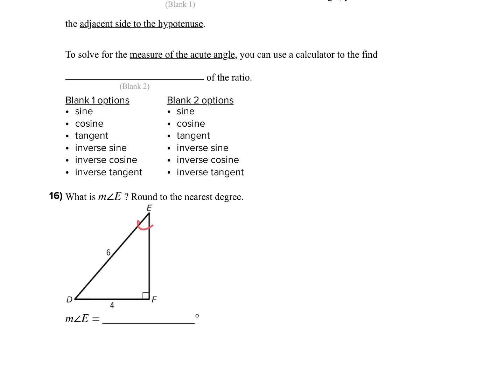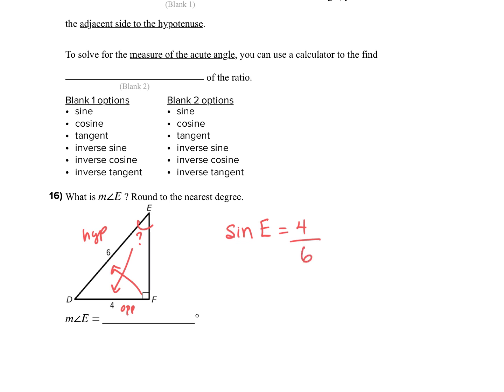So if I'm looking for angle E, I don't know what the measure of angle E is, but that is my reference angle. So 4 is opposite, 6 is opposite the right angle, so this is my hypotenuse. So I have opposite and hypotenuse, and so that's going to be my sine function. So the sine of E is the opposite side of 4 divided by 6.